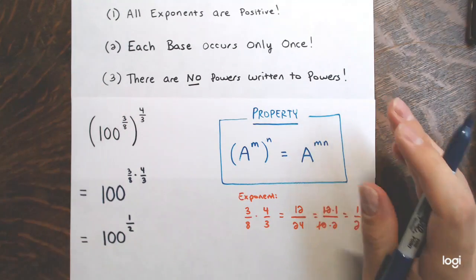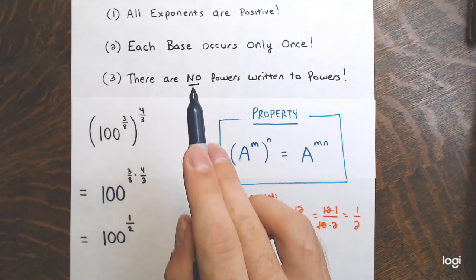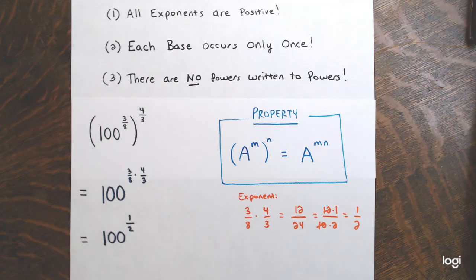Now this is great, it satisfies these three, but it's not completely simplified because I know what this number is. All the exponents are positive. The base of 100 only occurs once. There are no powers written to powers anymore. It's just a single power, single exponent. But if you recall from a couple videos ago, when you take a number and raise it to the 1/2, the denominator is 2, telling you you're taking the square root of that base and then raising it to the first power.